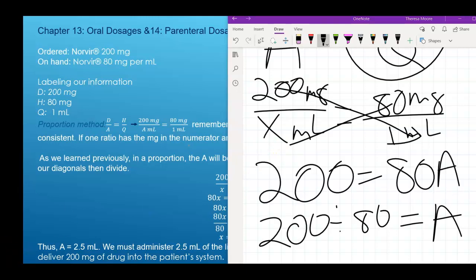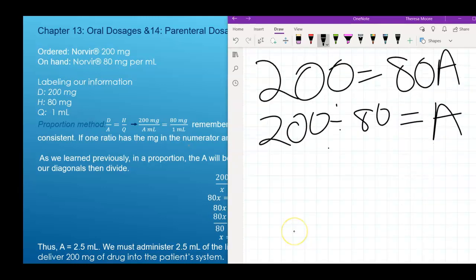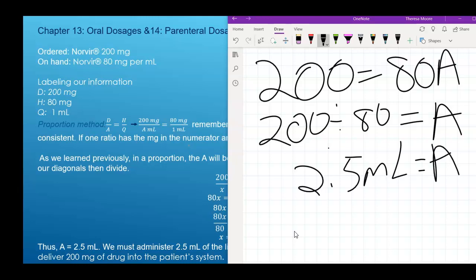So if we take 200 divided by 80, we get 2.5. So that tells me I have to administer 2.5 milliliters of medication. I have to physically put 2.5 milliliters of this liquid into this patient in order to deliver 200 milligrams of drug. Okay, so that's the proportional.